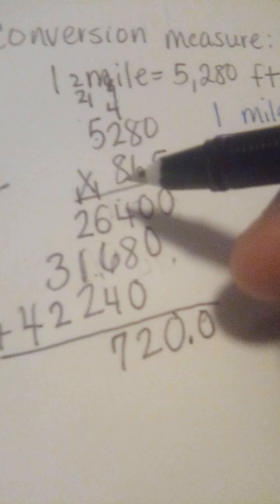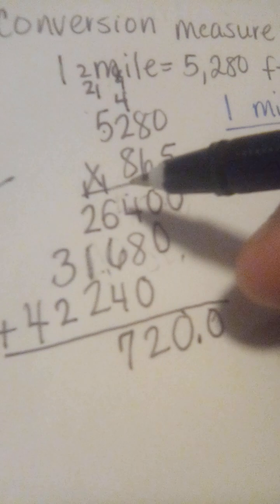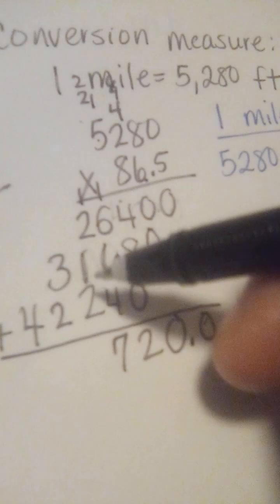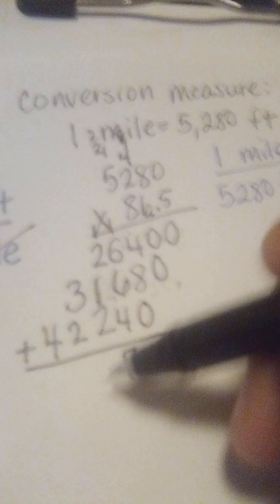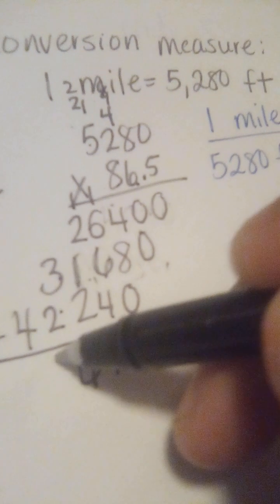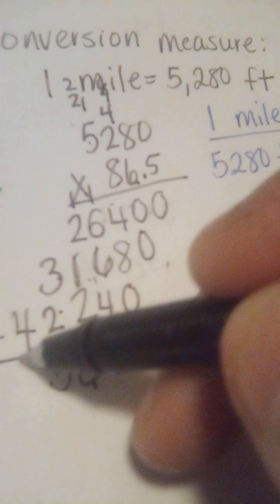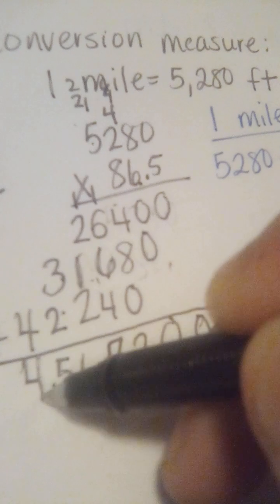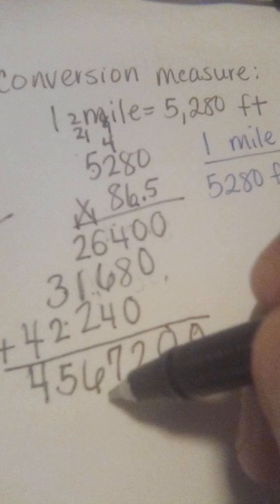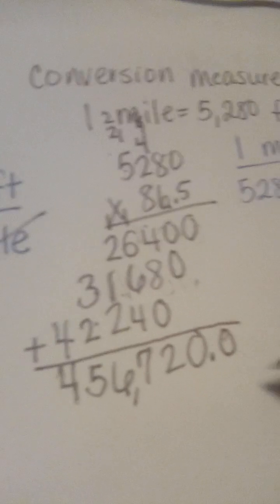Add 1 more, 4. Yes, 4. 4 plus 2 is 6. 3 plus 2 is 5. And then the 4. We have 456,720, because the dot is right here.